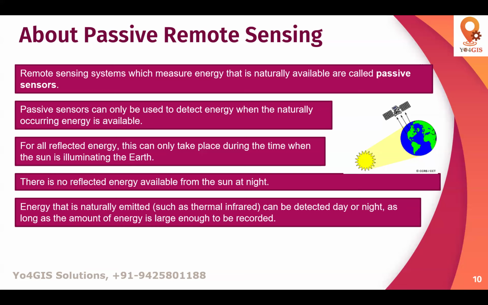Similarly, what is passive remote sensing? A remote sensing system which measures energy that is naturally available is called a passive sensor. It means a passive sensor doesn't have its own energy source. This kind of system doesn't have the flash.